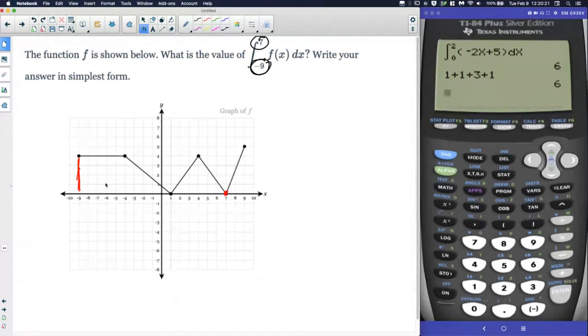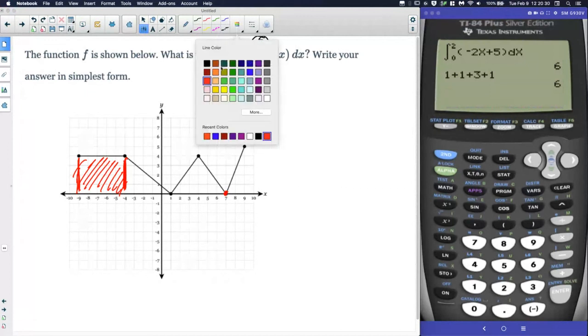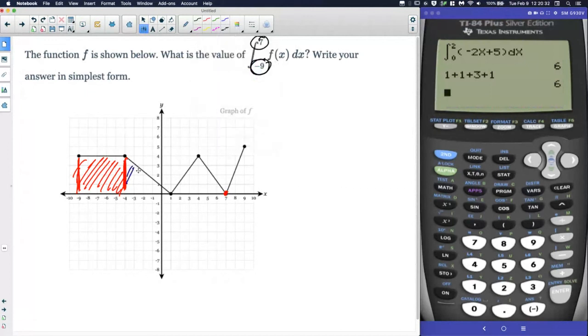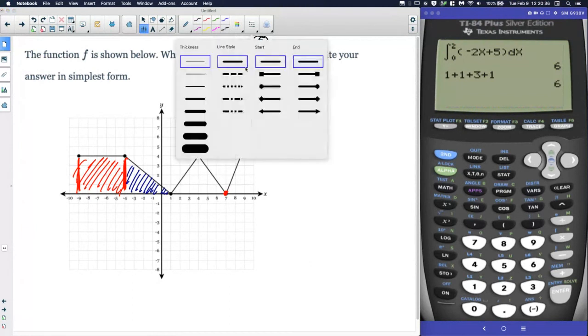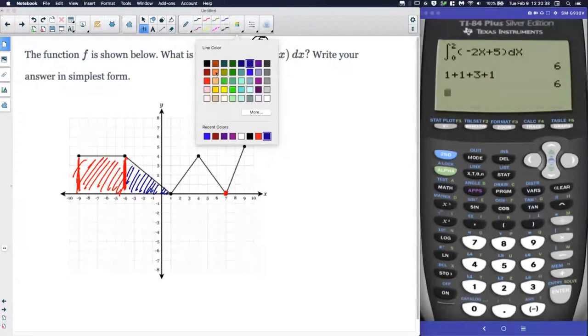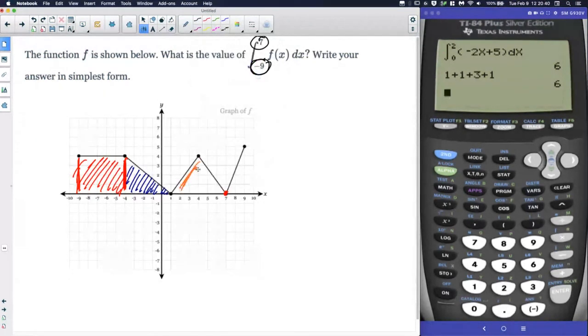Find the area under the lines here. So we just divide them up into shapes. So we have this shape here, and then we have this shape here. It's a triangle. We have another triangle right here. And we'll just find those areas and add them up.